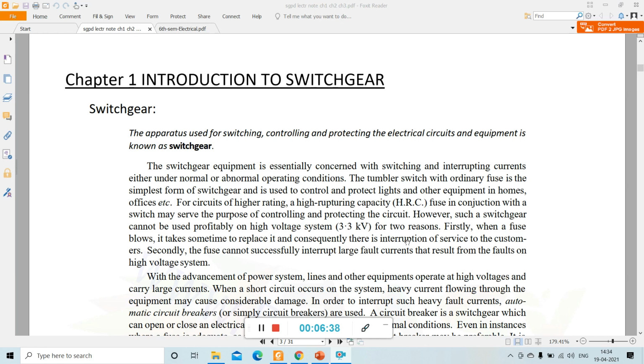under switchgear equipment, whatever protective equipment is there, like fuse. What is the function of this fuse? When the fuse is connected, the overall circuit is a closed circuit. That means the overall circuit is now in on condition.